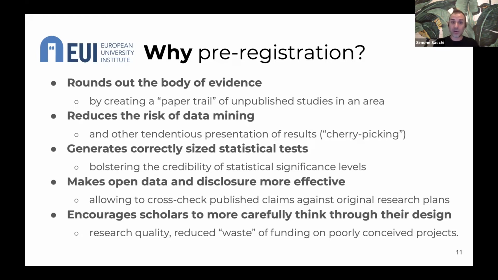It also generates correctly sized statistical tests in order to augment credibility. And it makes open data and disclosure more effective, because you state the boundaries of your research, and therefore other researchers can take your claims and your data and check them against your original research plans.